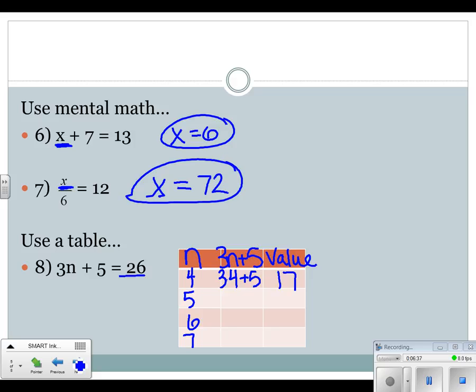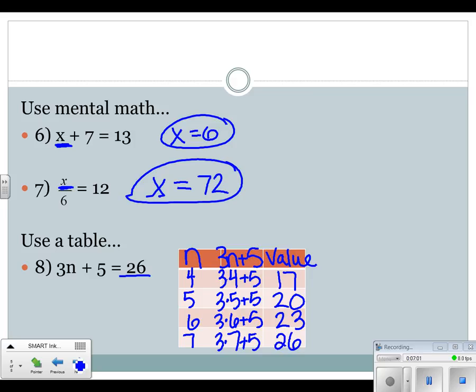Well, we want to get to 26. So we try 5. 3 times 5 plus 5 gives us 20. Nope. So we try 6. 3 times 6 plus 5 gives us 23. No, still not to 26. 3 times 7 plus 5 gives us 26.